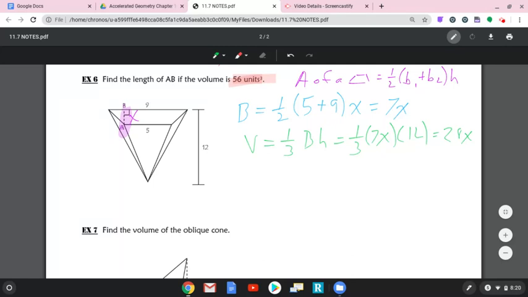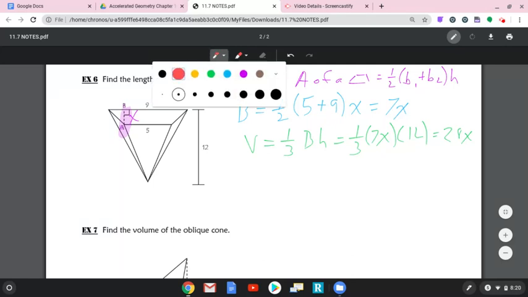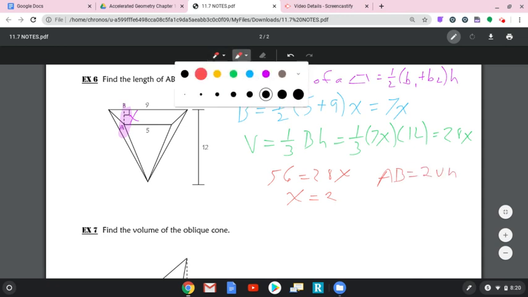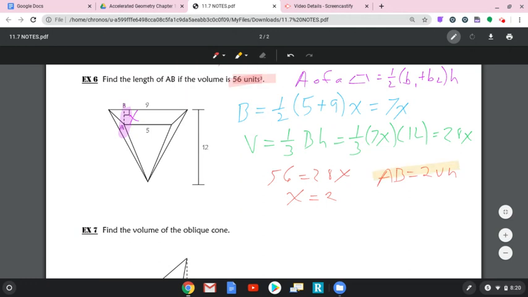So all I have to do now is say 56 has to equal 28X and solve for my value of X. If I divide by 28, X is equivalent to 2. So that means since X represents AB, the length of AB would be 2 units. And that would be my solution.